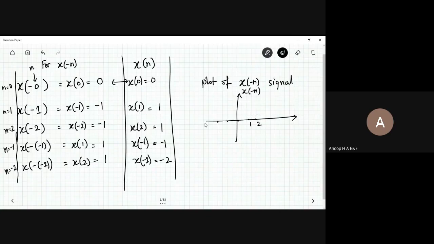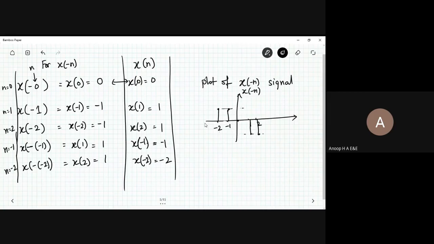So for n equals 1, n equals minus 1, minus 2. For n equals 1, what is the value there? n equals 1, that is minus 1, like this. So for minus 1 and minus 2, you have the values written like this.